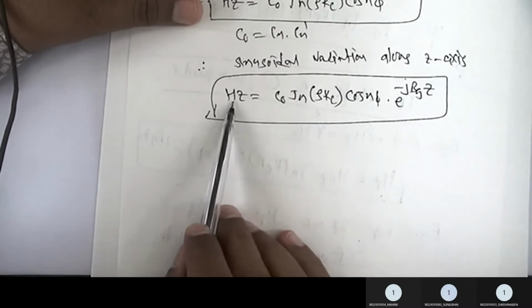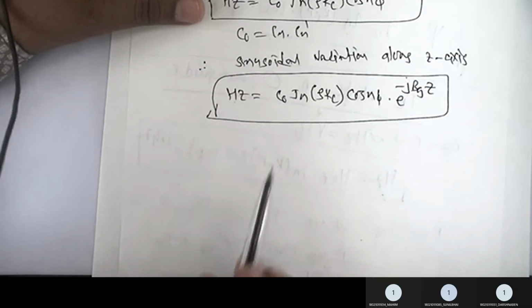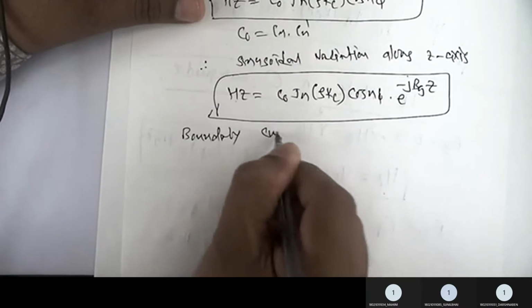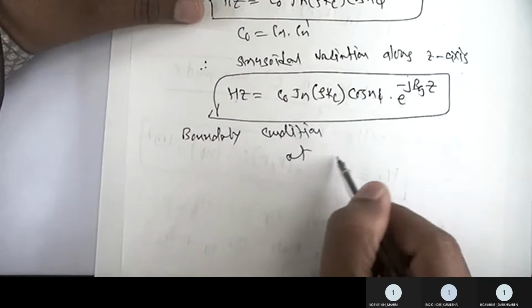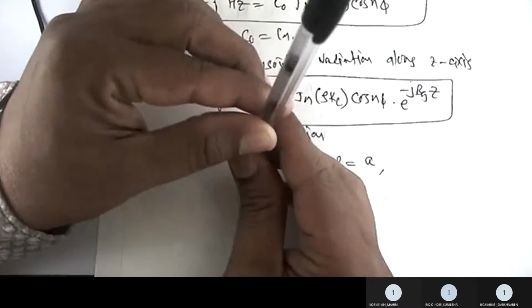Now the next part, and that is also very crucial, because we are not only interested in the Ez component. As I mentioned, we are also looking for the E_ρ, E_φ, H_ρ and H_φ components too. And for that we have to use some boundary condition. So if you use the boundary condition, then particularly at ρ equal to a, for example, this pen is your circular waveguide.